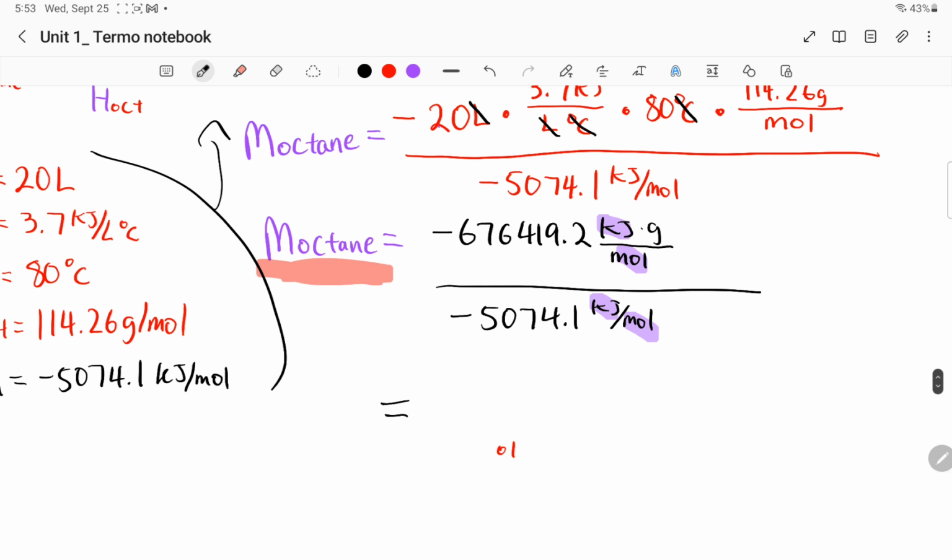So now, final step. You did that number divided by negative 5074.1, you will get around 133.3 grams. All right, now here's a question. Is that our final answer? Not quite. I have 4 digits here.